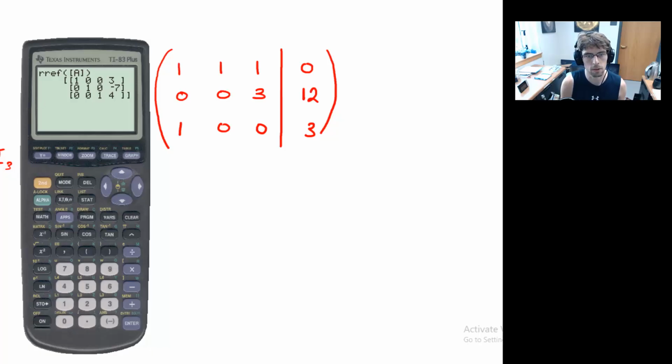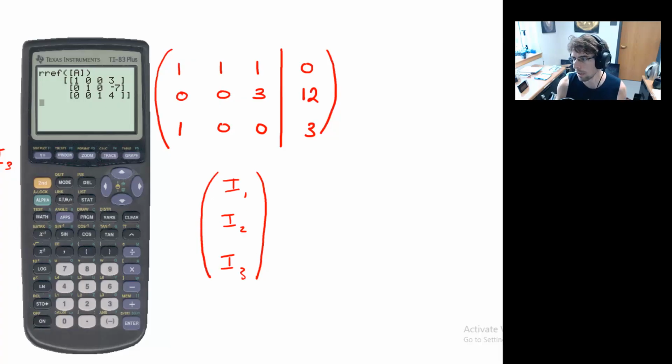Boom. There we go. You get the same thing if we did the inversion and the matrix multiplication. At the end of the day, we have I1, I2, and I3. No, I'm sorry, I'll pull up that calculator again. We see that I1 is 3 amps, I2 is -7, and I3 is 4 amps.